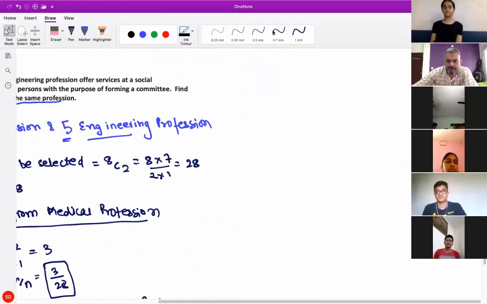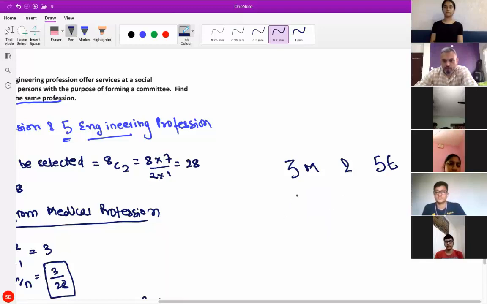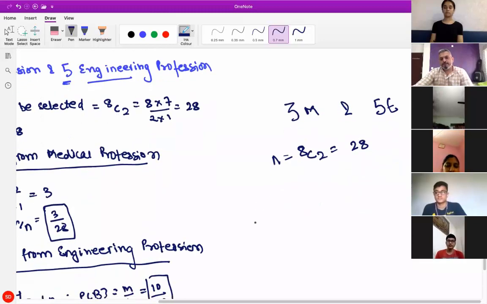Otherwise how we would have done it is, for your understanding, there are 3 in medical and 5 in engineering profession. Now n is equal to 8C2, which comes to 28. So you can also find the probability like this, that 2 from medical profession or 2 from engineering profession.